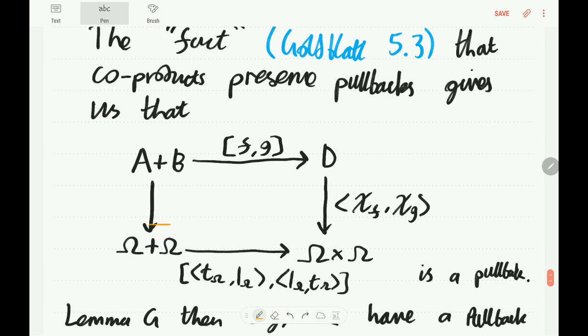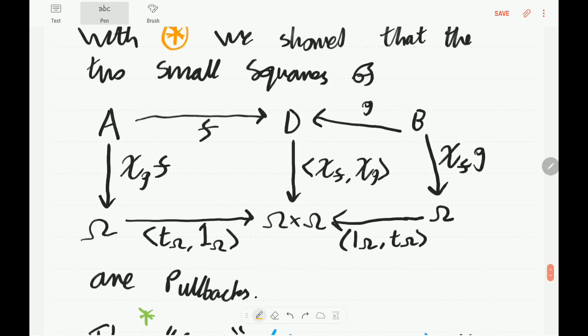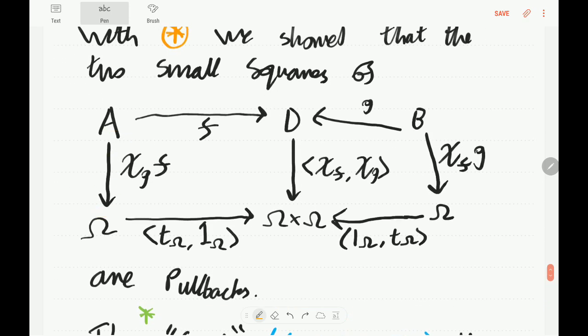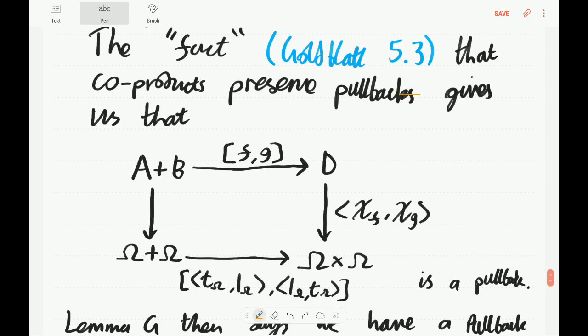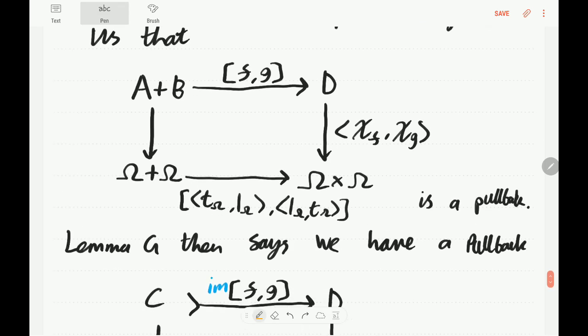Notice what we've done here: we've added together the stuff on the far left and the stuff on the far right, and changed these arrows pointing into the middle to be co-product arrows. So this is a pullback square by that fact, and you can see this in Goldblatt 5.3 with some references to where you can find a proof of it.